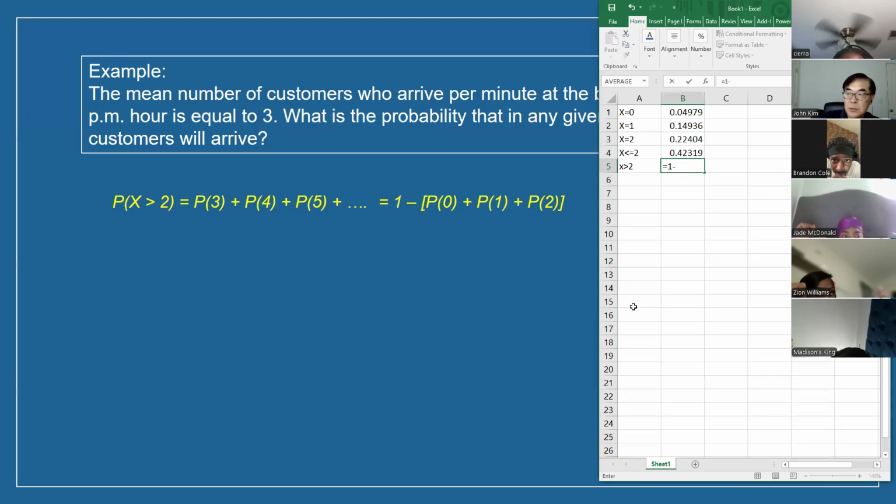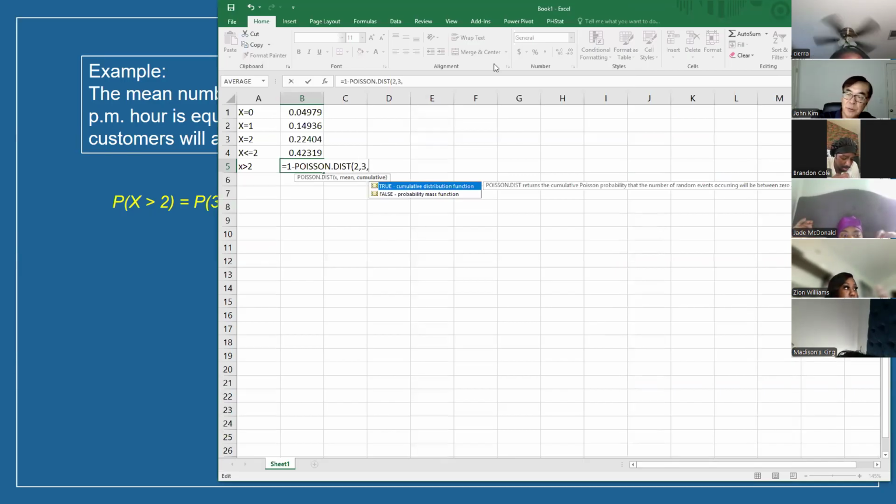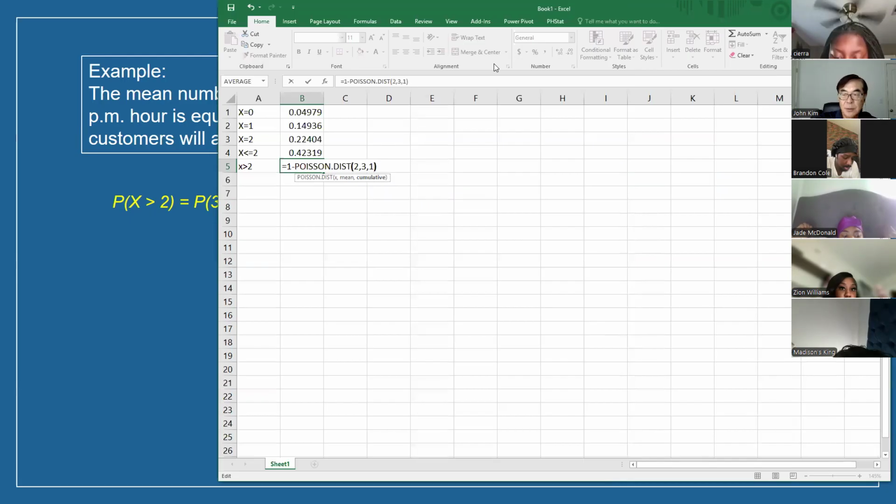So using Poisson distribution, X is 2, mu is 3, average, and then it is cumulative, so 1, then close.